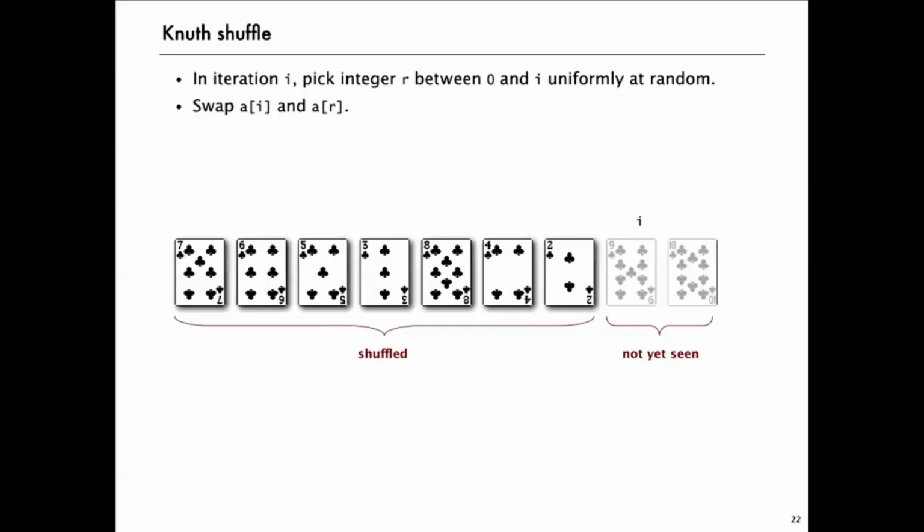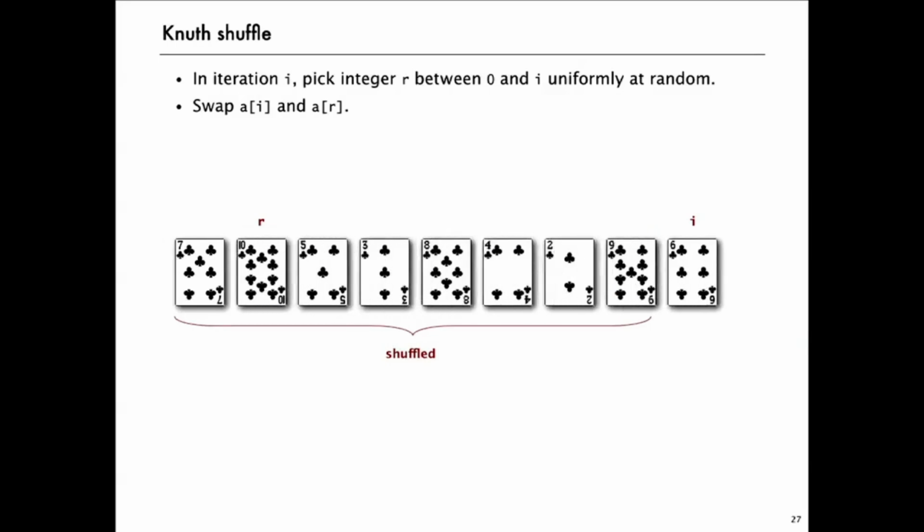The point is that the cards to the left of I are uniformly randomly shuffled. In this case, I and R are the same. There's no swap. Increment I, generate a random R, swap them. And at the end, we have the deck shuffled. That's a linear time shuffling algorithm making use of randomness.